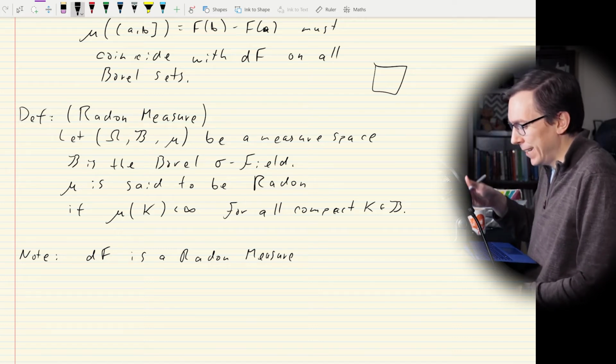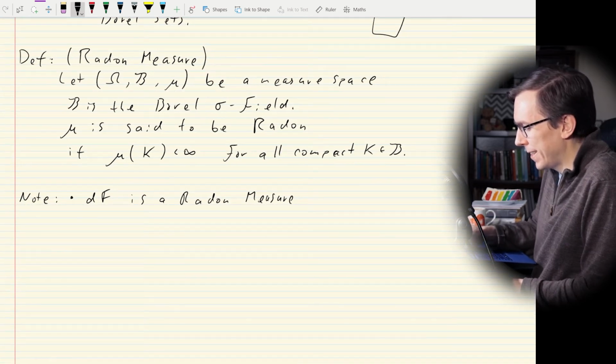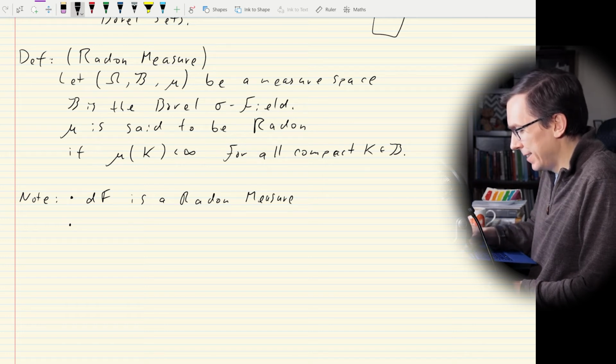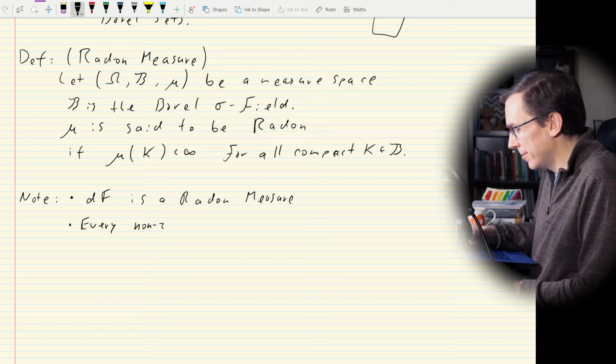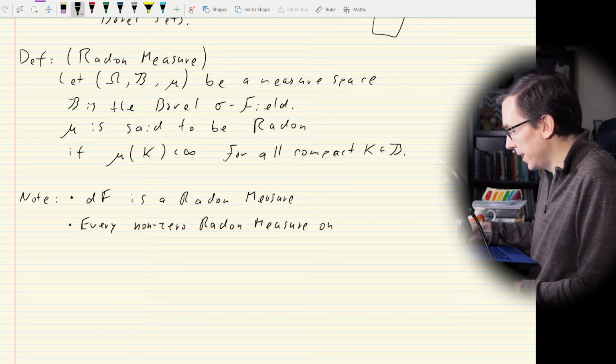But there's something more interesting than that. I mean, this is like, okay, well, sure, why not? More interestingly, every non-zero Radon measure on the Borel sets of the real line can be written as a Lebesgue-Stieltjes measure, for some f.